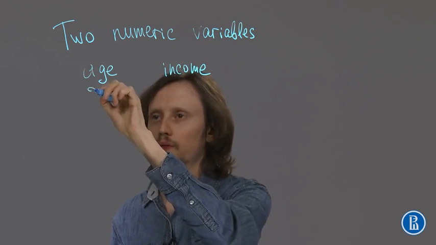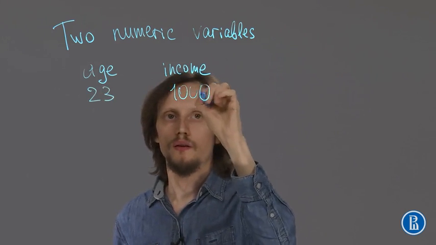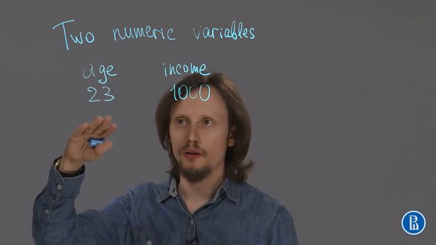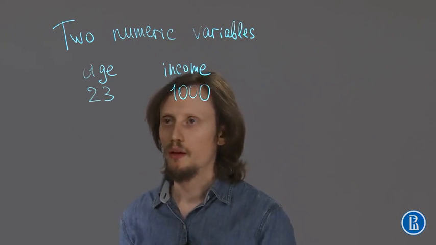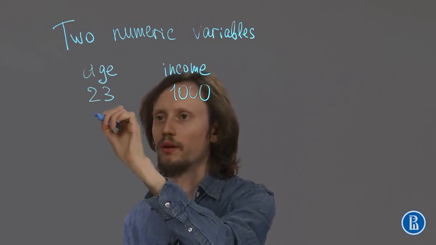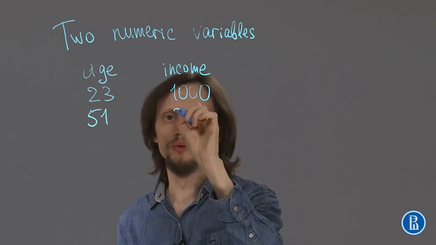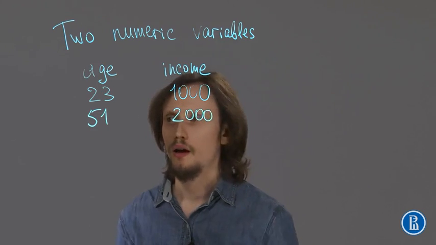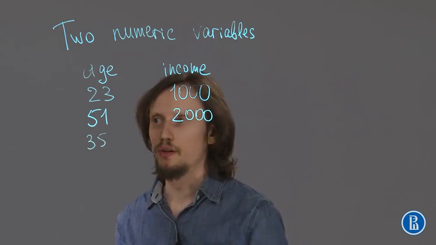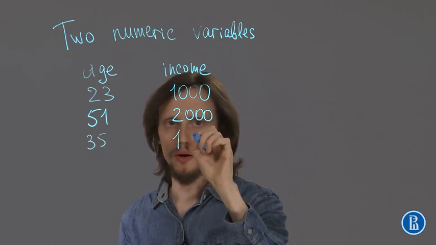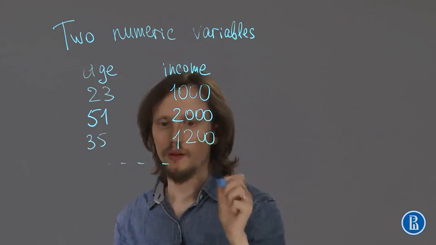For example, we have 23 here. So we have a person of age 23 and income 1000, and another person of age 51 and income 2000, and another person of age 35 and income 1200, and so on.